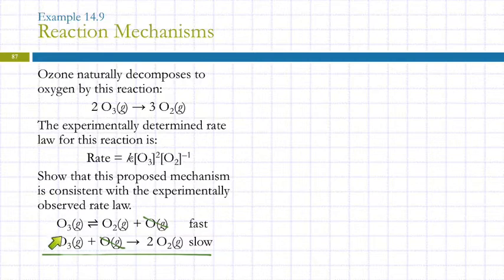So on the left side of the arrows, we have 2 ozone molecules. And on the right side, we have 2 oxygen molecules, plus another one is 3 oxygen. So these are correctly describing the overall reaction. So that's good.